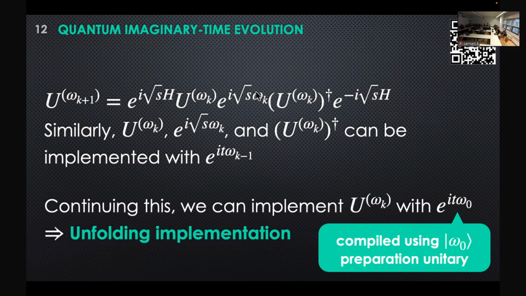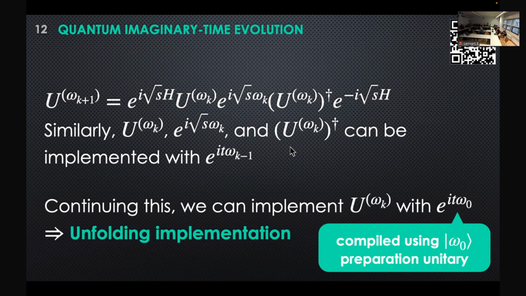If we continue this until we only get the exponential around omega naught, which is the initial state that we assume we know, then we can compile any u of omega k with these elements. We call this an unfolding implementation because we unfold u of omega k plus 1 in terms of u of omega k's and so on.